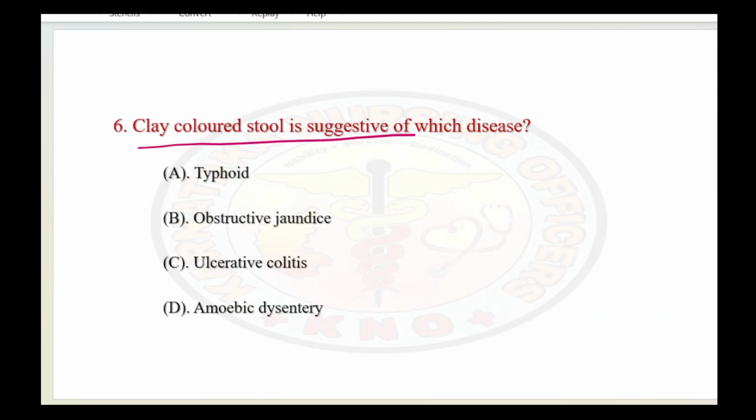Clay colored stool is suggestive of which disease? So let's see what happens in these four diseases. First, we'll take diarrhea. So if you take typhoid, you're going to see mainly diarrhea in the child. The diarrhea is again described as pea soup diarrhea.